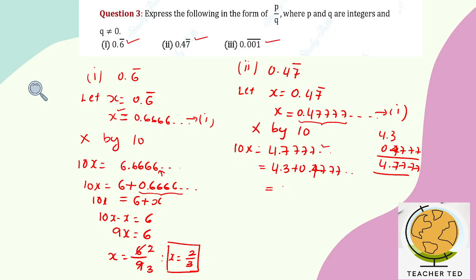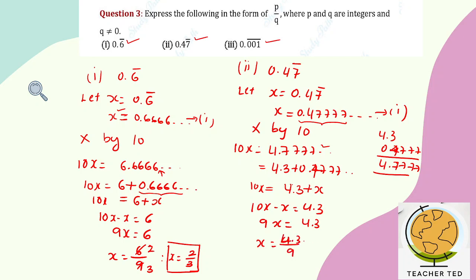Now you just take out 4.3 as it is and substitute x here. You will get 10x minus x is equal to 4.3. 9x is equal to 4.3, so x is equal to 4.3 divided by 9.